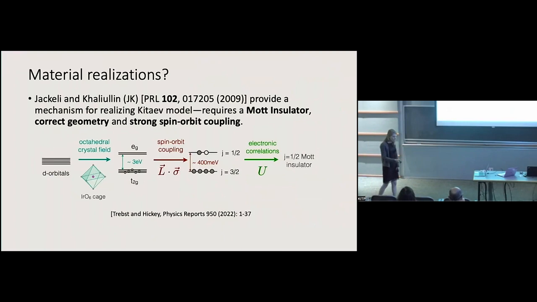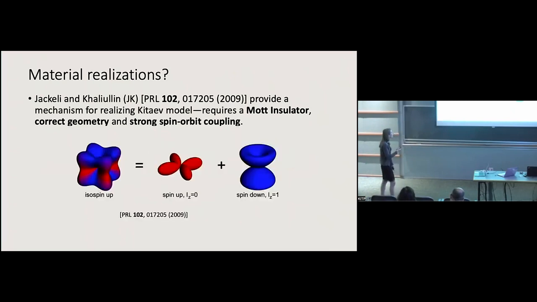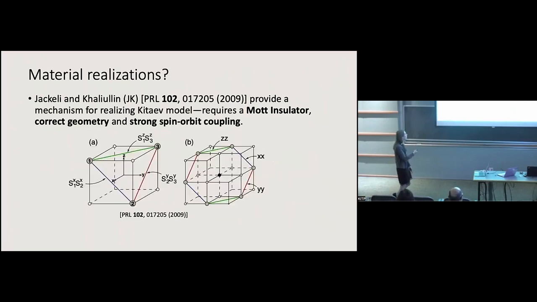It was first introduced without a materialization, but we've talked about this at this conference already. Jackeli and Khaliullin figured out a way that, due to spin-orbit coupling and Mott insulator physics, you can get these J_eff = 1/2 moments that, due to the spin-orbit coupling, are not distributed spatially uniformly, and this, with the correct geometry, can introduce these direction-dependent Ising terms.